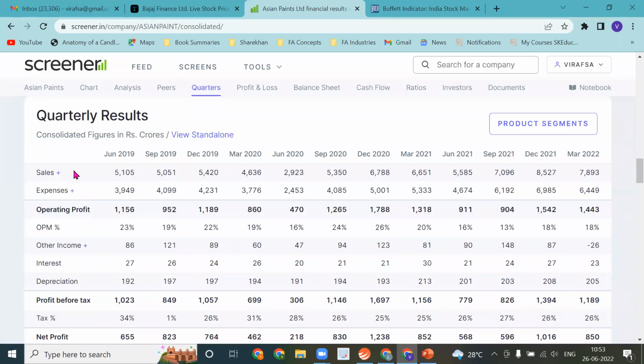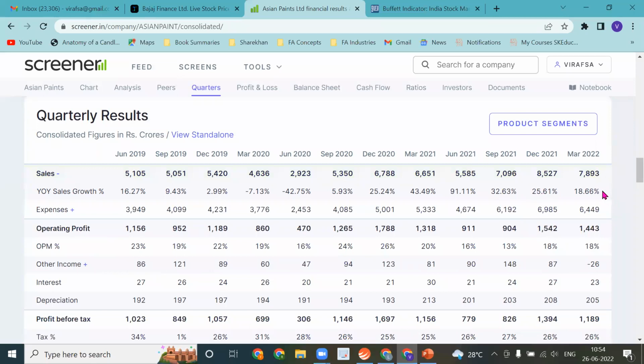See the sales growth. Less current. Okay. See, it was here 90%, 43%, coming down, still further down. Profits, it has gone down.